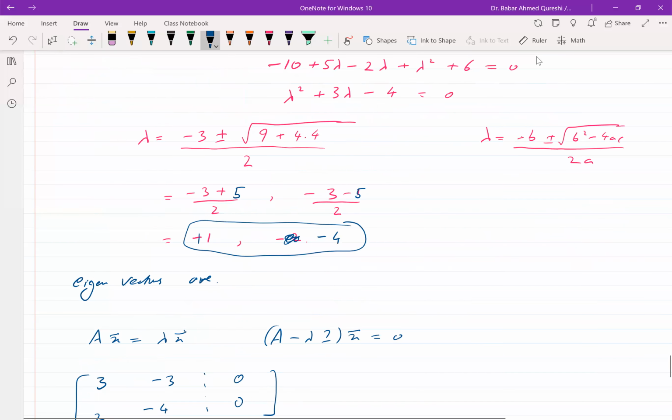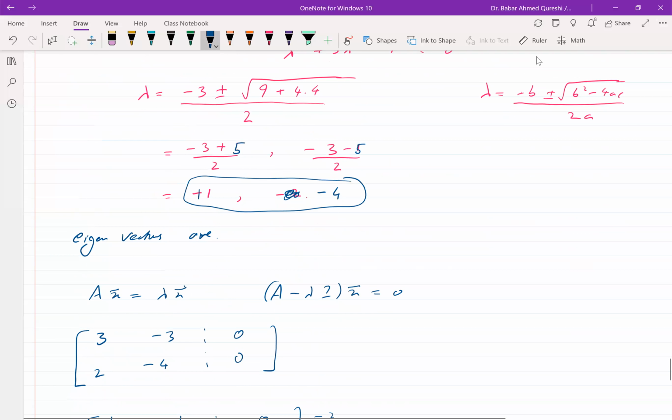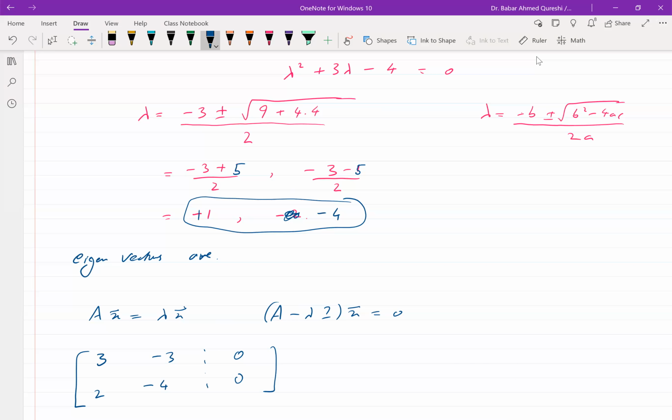Thank you very much. So now I'm first doing it for the eigenvalue plus 1.